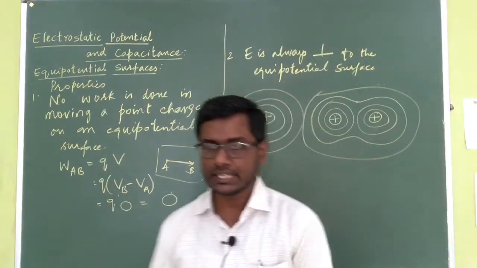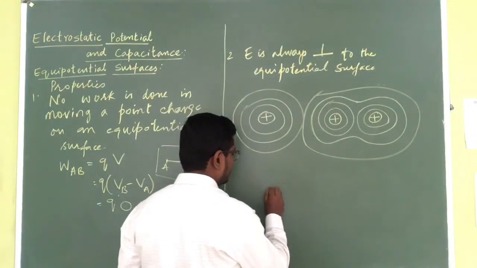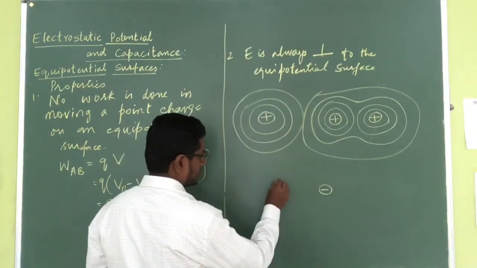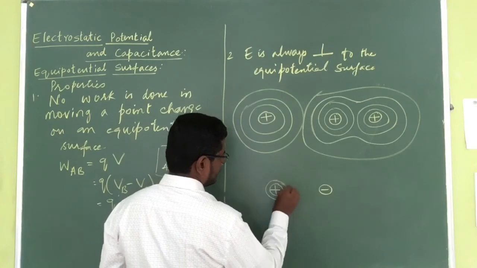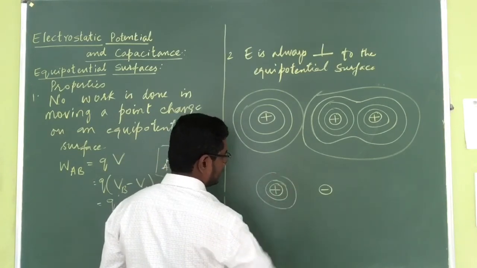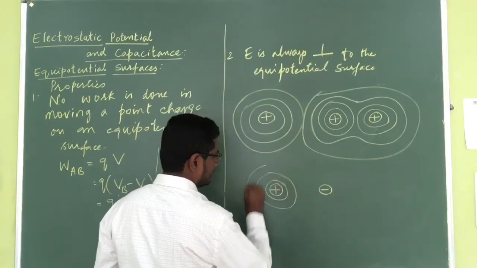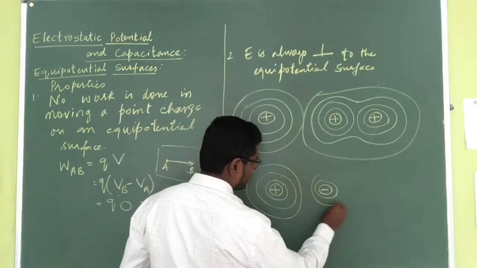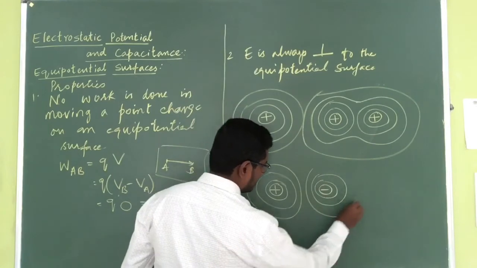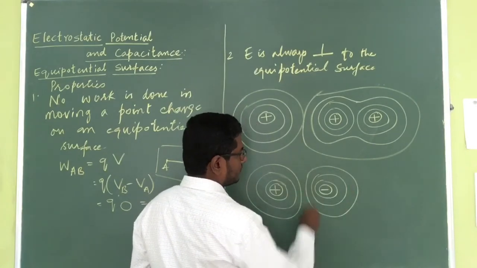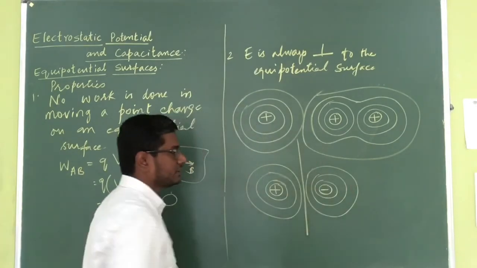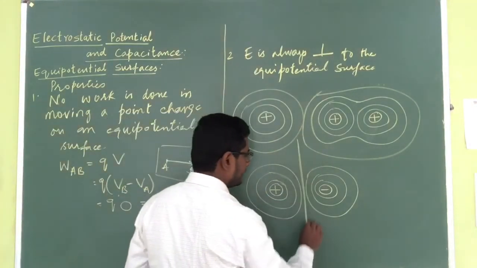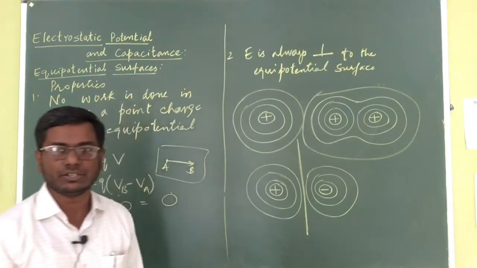Then for the case of an electric dipole, it contains one positive charge and one negative charge. We have one equipotential, a second equipotential, a third equipotential, and on the other side also one, second and third equipotential, but the line in the center will not have any potential. This line will always have zero potential.